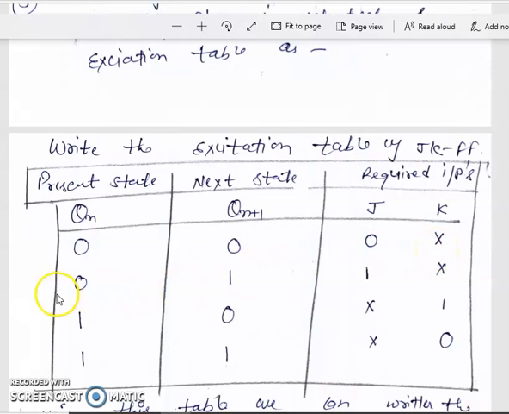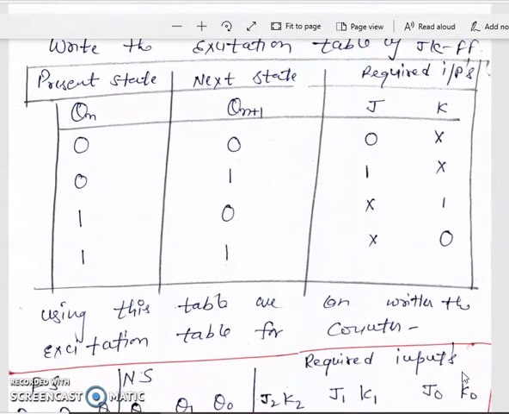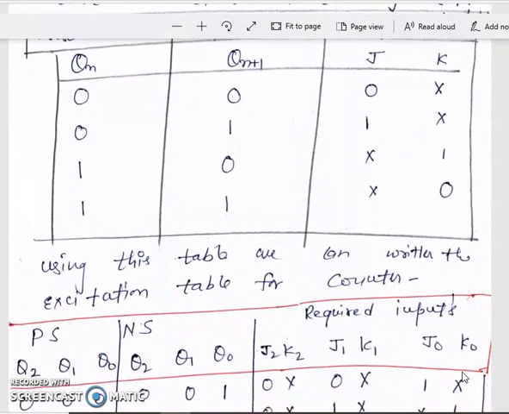Similarly 0 to 1, J is 1 and K is don't care. 1 to 0, J is don't care and K is 1. And for the combination 1 to 1, J is don't care and K is 0, that is a fixed value. Using this excitation table, we write the excitation table for the counter.